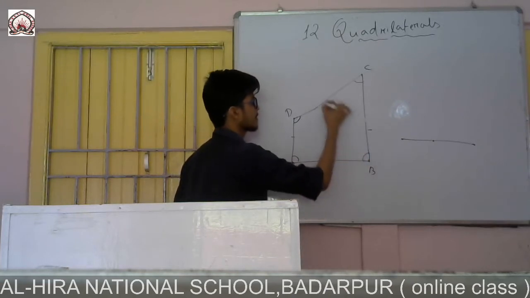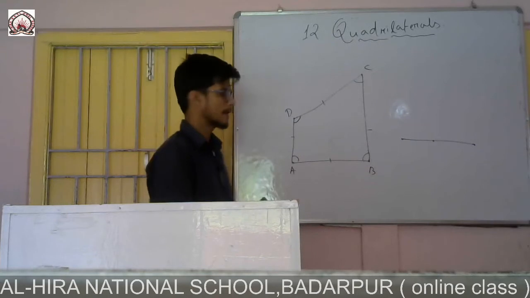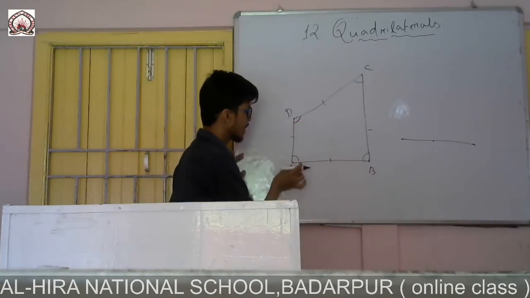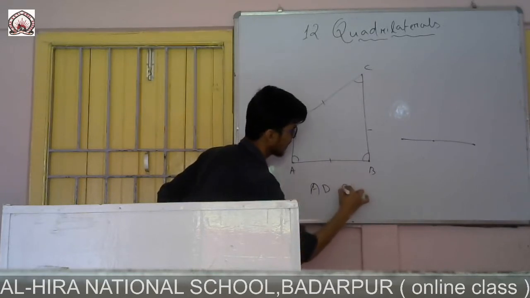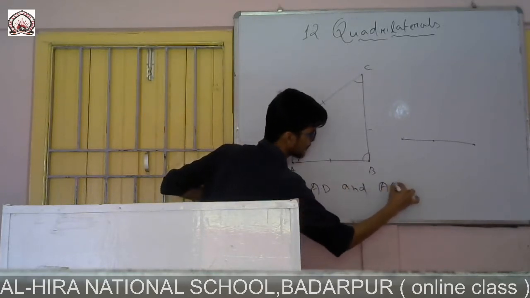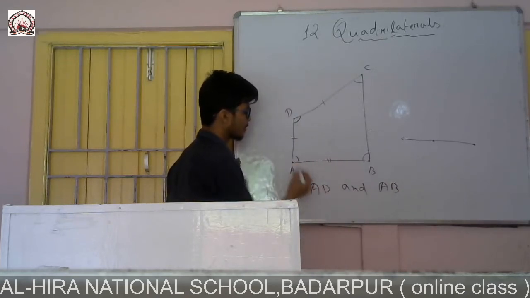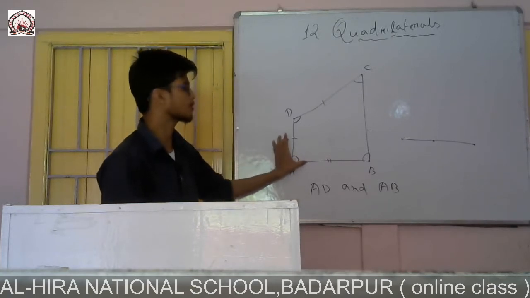When we say that 2 sides are adjacent, adjacent means just 2 sides that have one common point. This one AD and AB, these 2 sides are adjacent. They have one common point, so they are just adjacent to one another. That's why they are called adjacent sides.